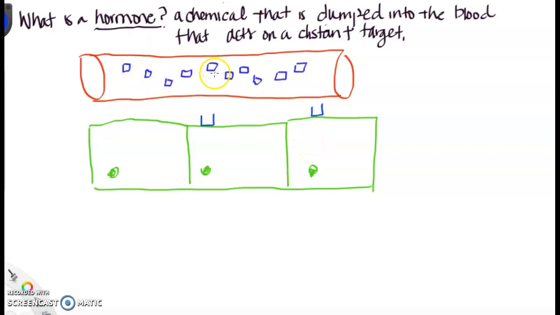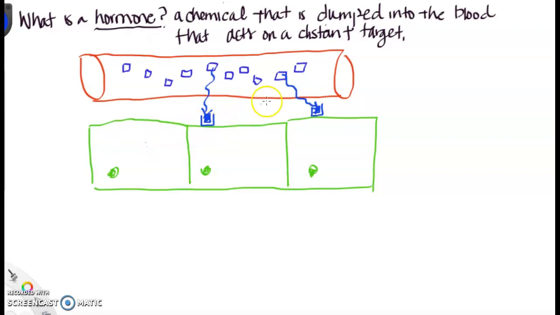So as this hormone flows by, it will go and bind to these receptors. If this cell does not have a receptor, the hormone just goes right on by. Okay, doesn't do anything to it.